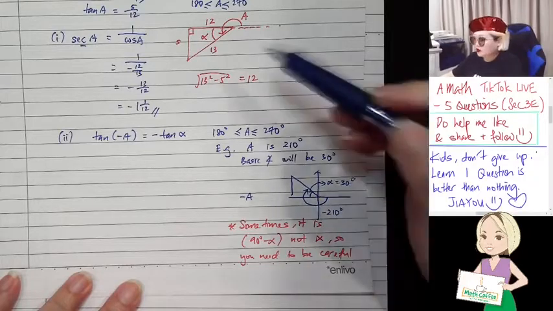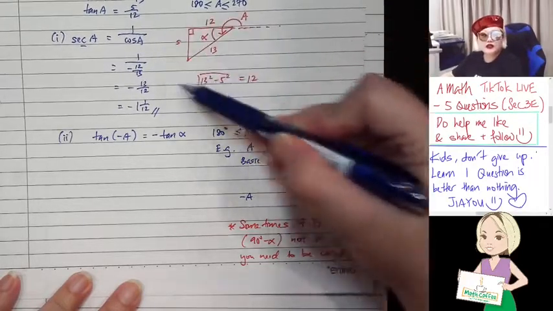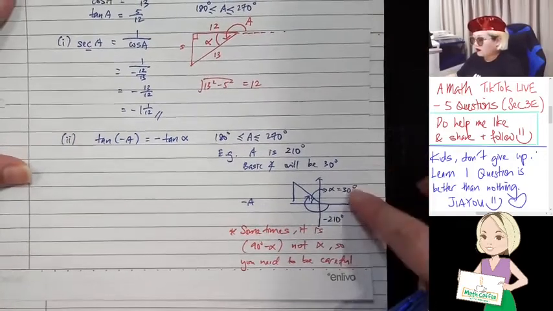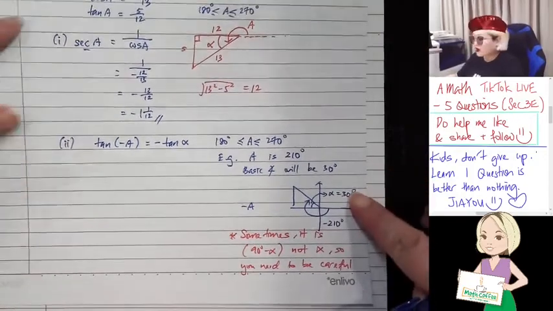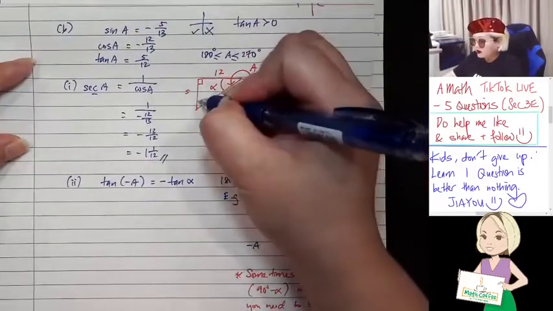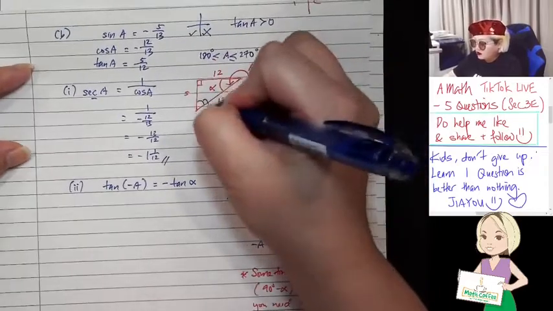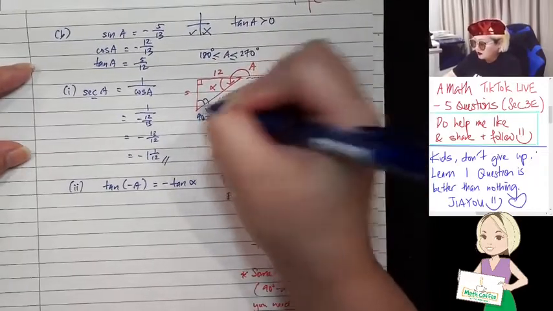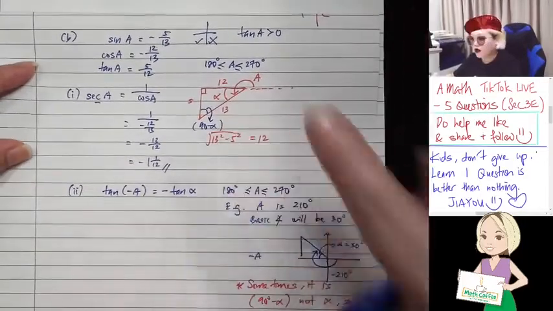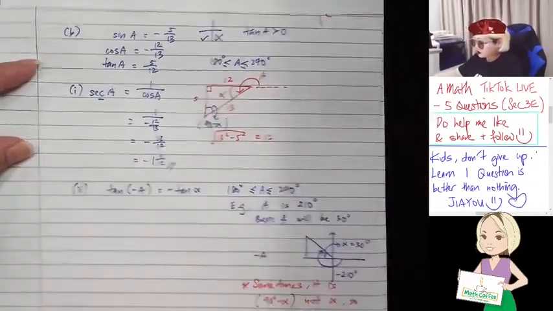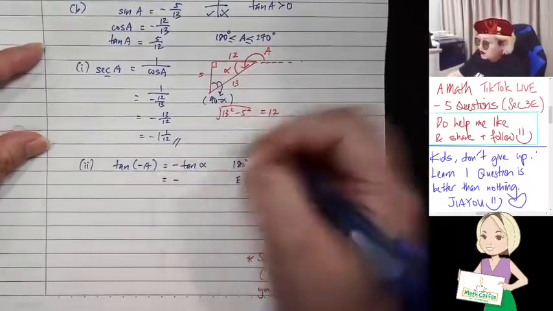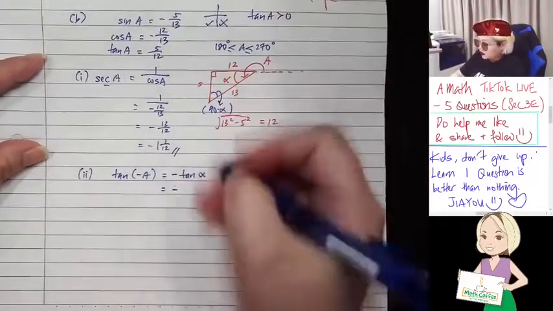So that means I can use the same triangle, you understand? But if let's say they use a number whereby you end up having your basic angle is 60 degrees, then you can use the triangle, but it will be the other side. Because this side is 90 minus basic. Then you can use the same triangle, but your O and A will swap. Understand? So in this one, I will know it will be equals to minus 5 over 12.